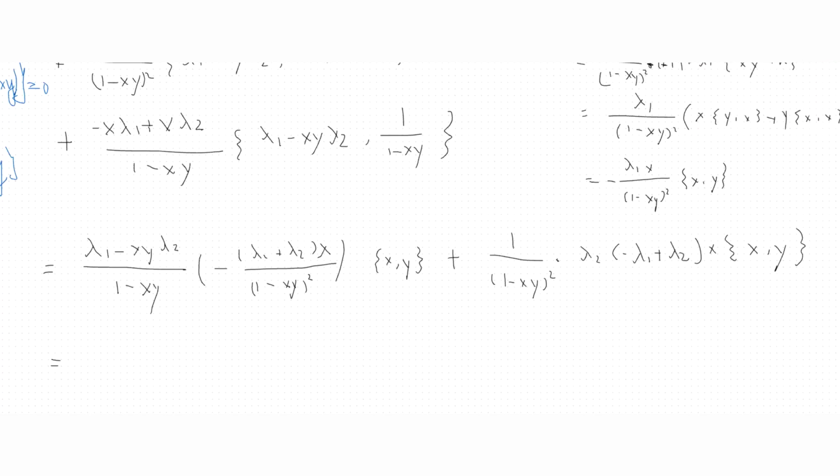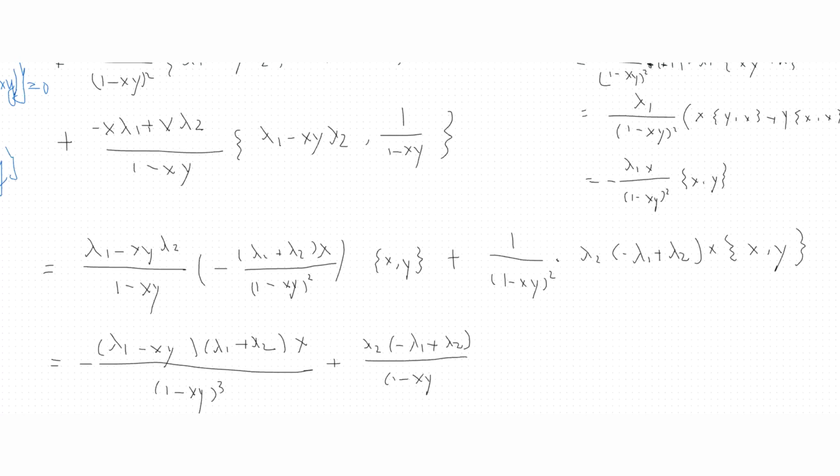Okay, so lambda 1 minus xy, 1 plus 2 x, plus lambda 2, lambda 1 plus lambda 2, 1 minus x y squared, x y.